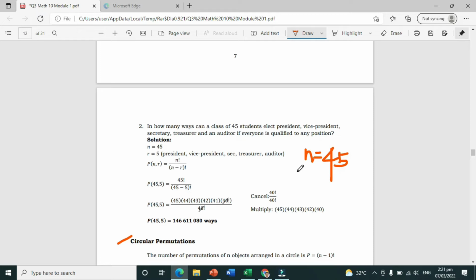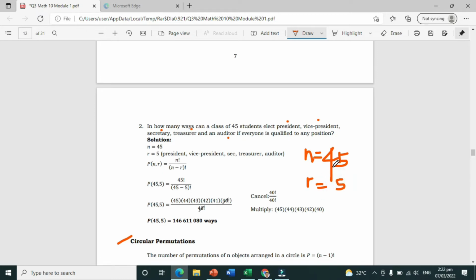Tapos, ilan lang yung position? Meron tayong president, isa na yan, dalawa, vice, secretary, treasurer, at saka auditor. So, ilan yung lahat? 1, 2, 3, 4, and 5. So, ang r natin dito is equal to 5.